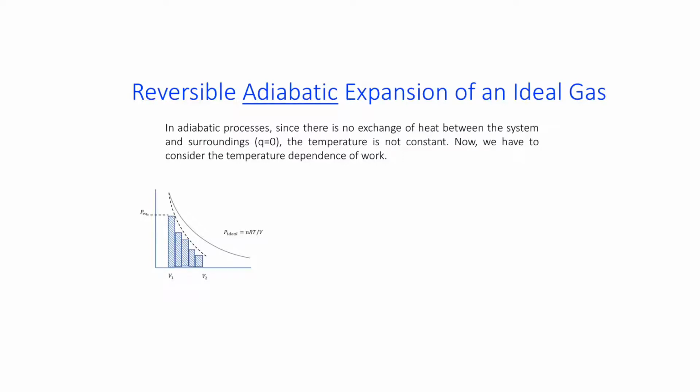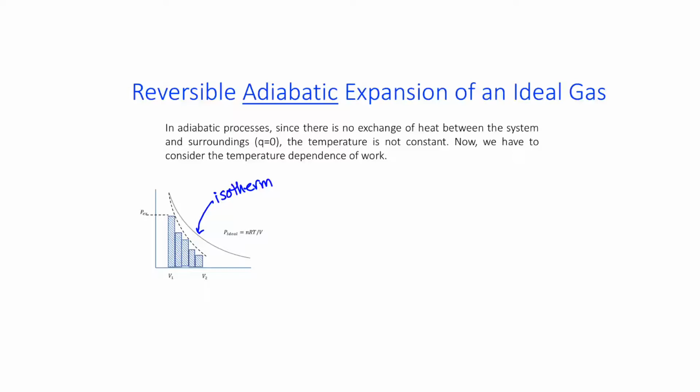Taking a look at our indicator diagram for this process, again, pressure is a function of volume. As we change that pressure, we're also changing the temperature, because we can't release that heat. To make sense of this diagram, this line right here is what we would call our isotherm. That's how you would expect your pressure to change for an isothermal process.